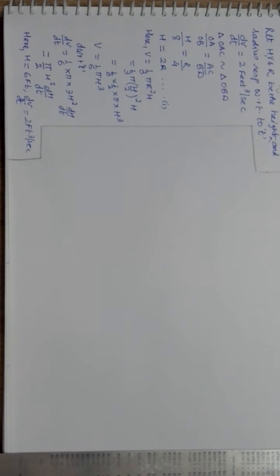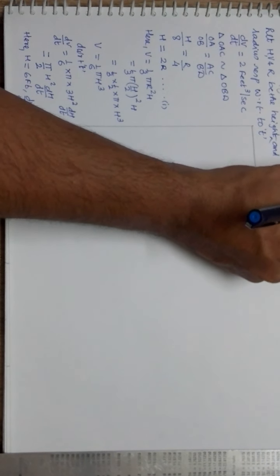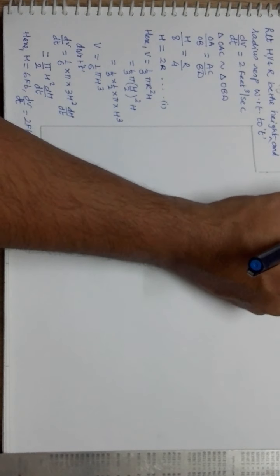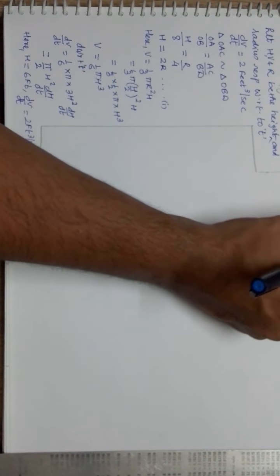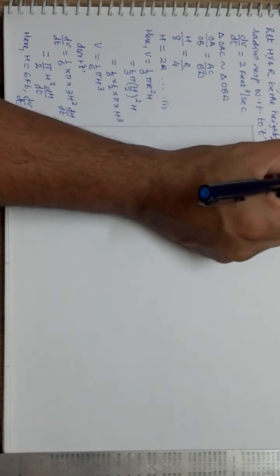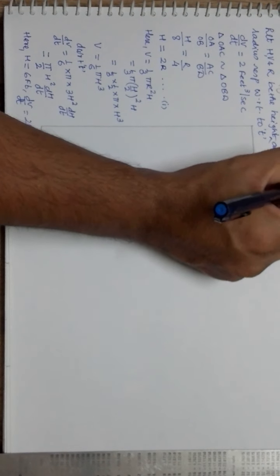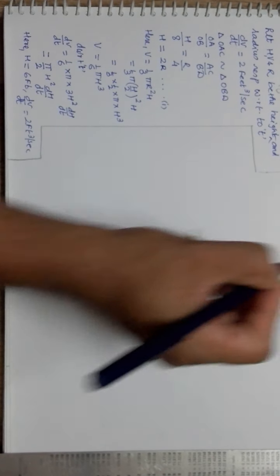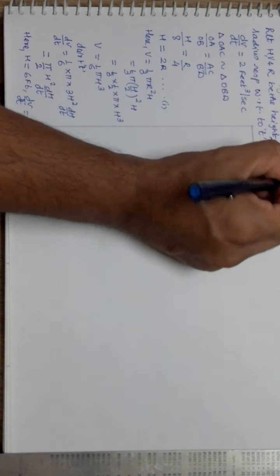So now you have your dV by dt, which is 2, then pi by 2, then H square is 6 square, and dH by dt. So you get 4 by 36 pi as dH by dt. That cancels and gives you 1 by 9 pi.